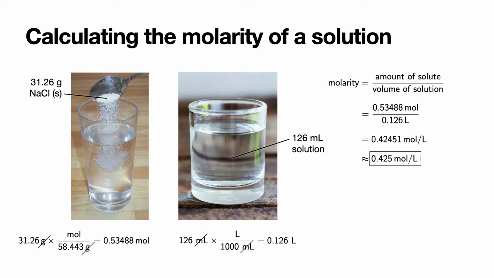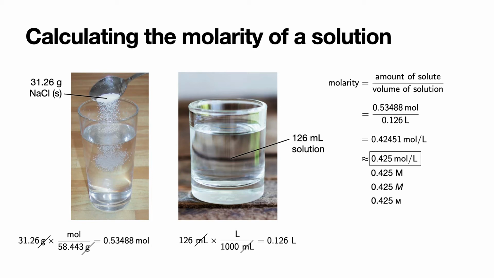So the unit on molarity is mole per liter. You'll often see this written as just a capital M. Sometimes the M will be in italics, sometimes the M will be in small caps. All of these are used to represent the unit of molarity. My own personal preference is to use moles per liter.